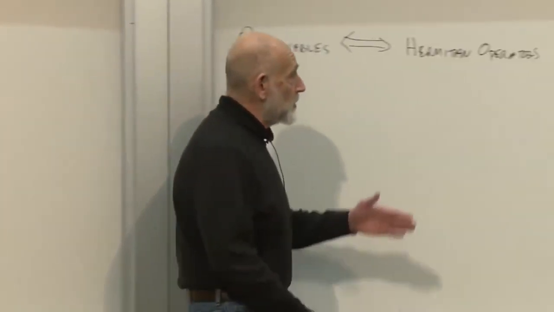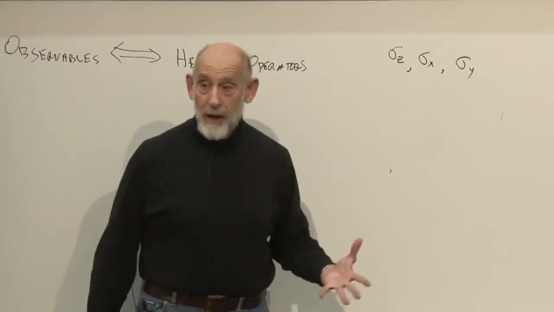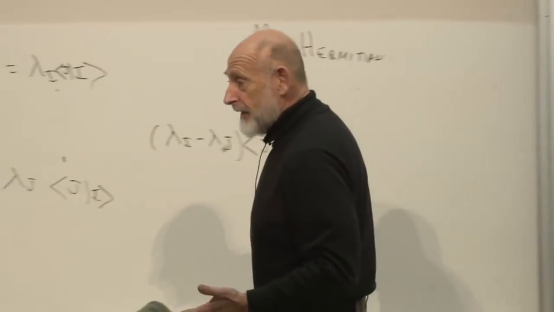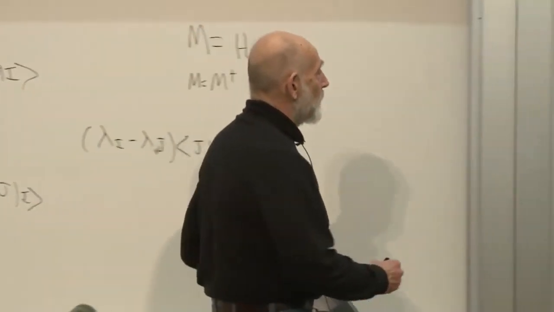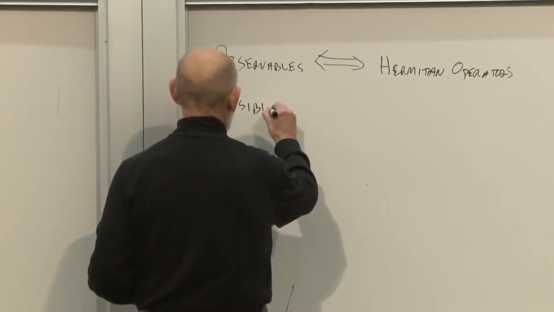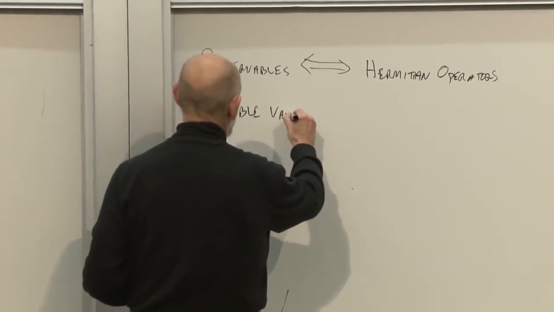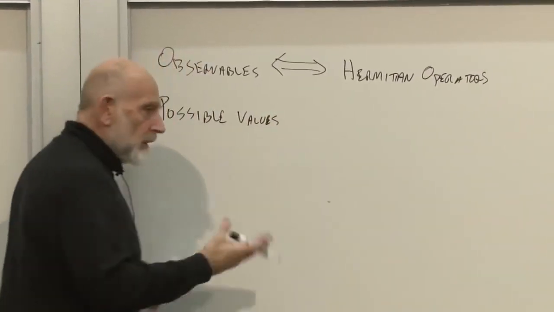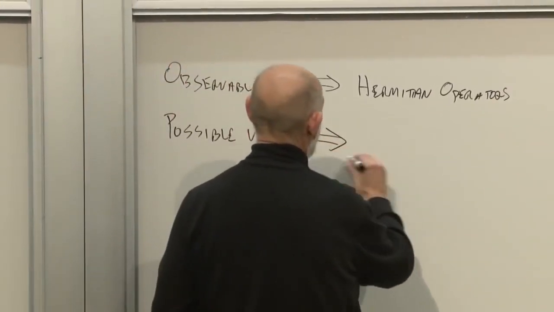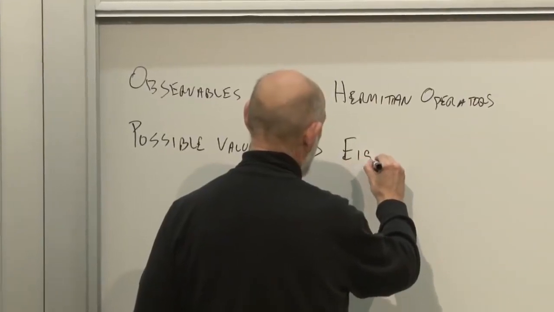Next, the possible values that a given observable can take on. What are they for sigma z? +1 and -1, right? The possible observable values measured in an experiment are the eigenvalues.